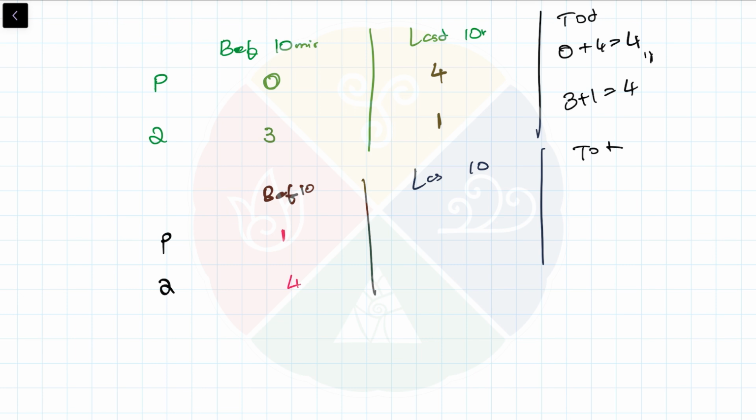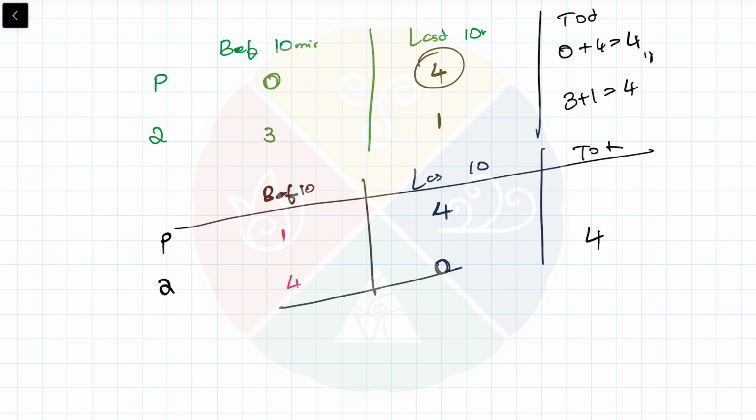P only scored 1 goal. And in the last 10 minutes, P scored another 4 goals. And Q will only score 0, because the total should be 4 according to statement number 2. P would score 1 plus 4, that is 5 goals. In this case, P won.